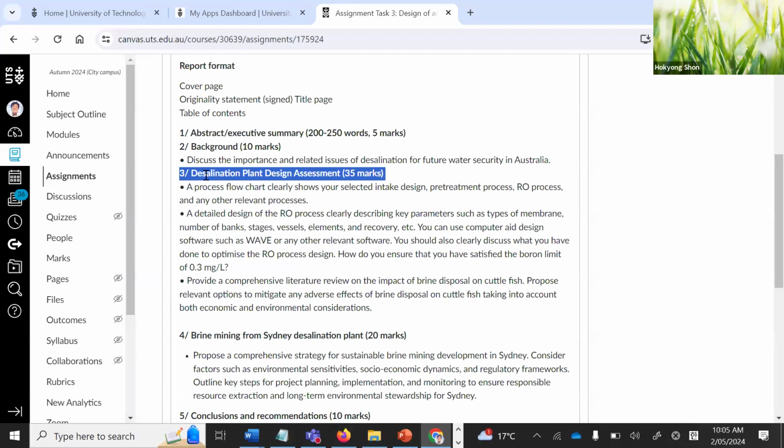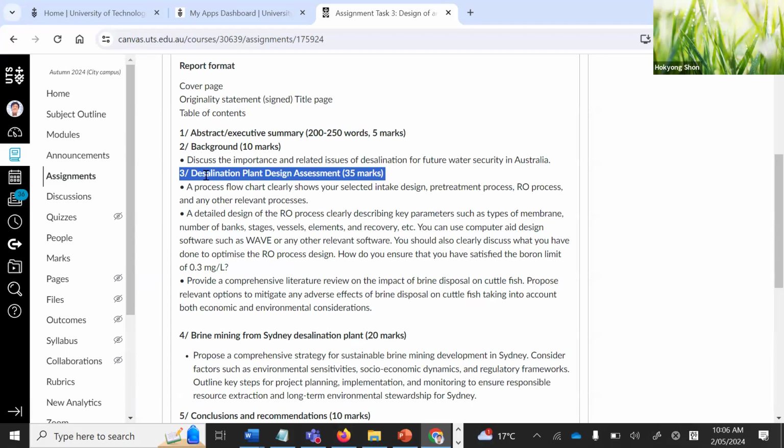So it is designed based on this, and then specifically your detailed design of your process, clearly describing key parameters such as the types of membrane. So what kind of membrane? We will learn how to select your membrane.